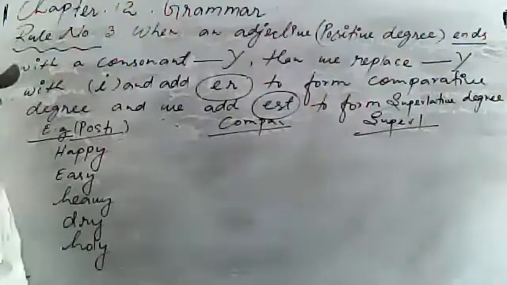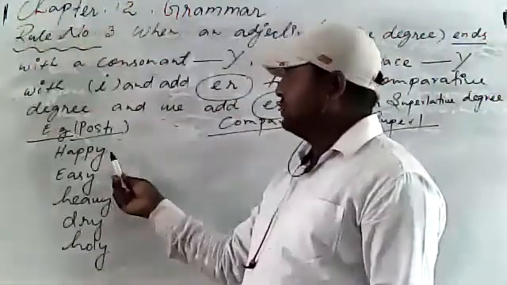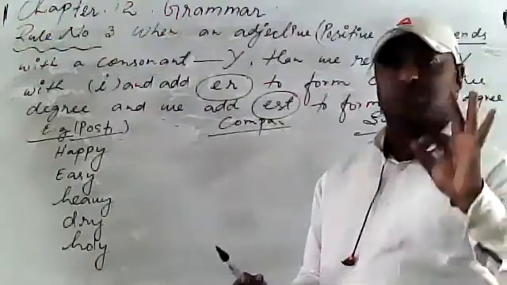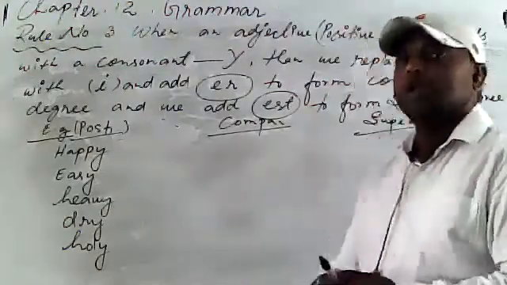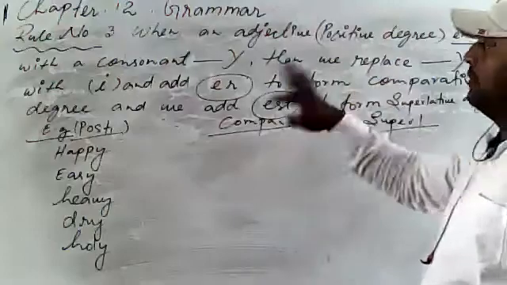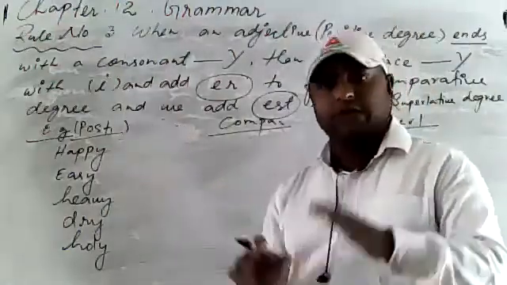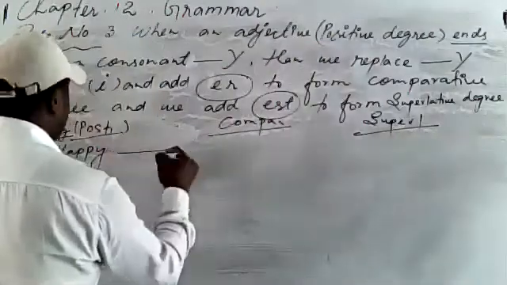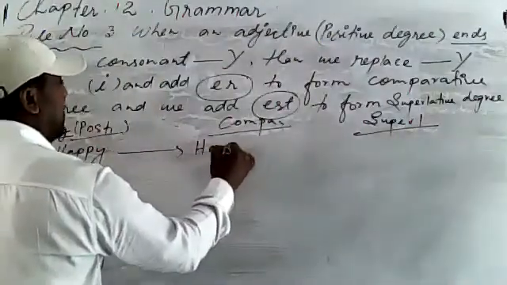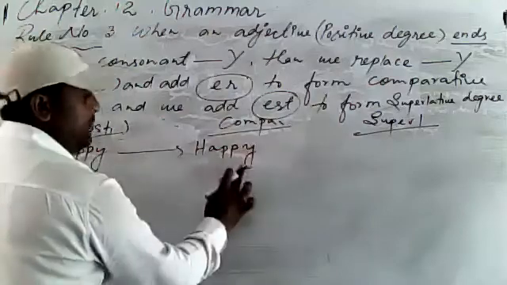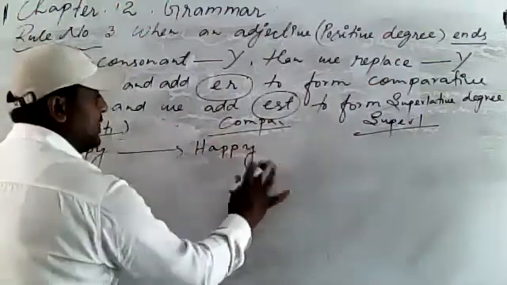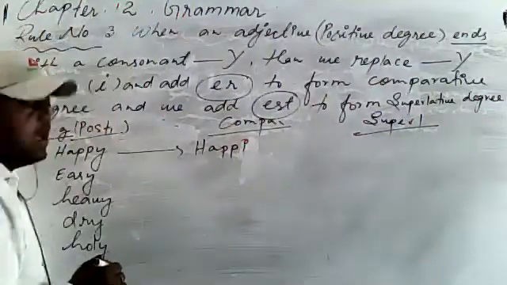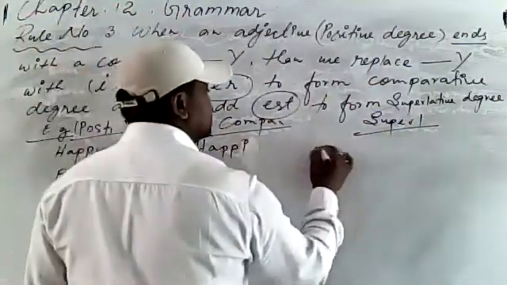Now look here. Look at the last letter. What is the last letter? Y. If the last letter is Y, what are we going to do? We are going to replace Y with I. Happy, H-A-P-P-Y. We are going to replace Y with I, and here also the same thing.